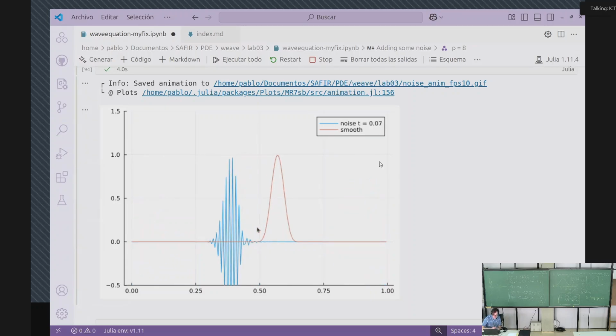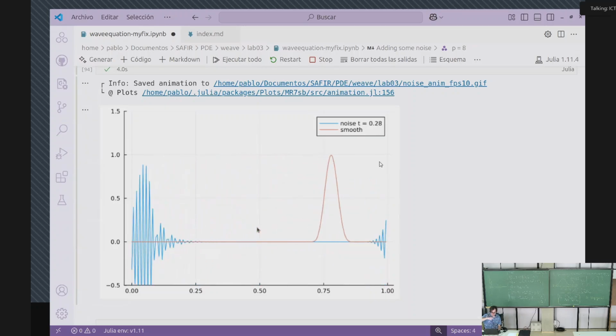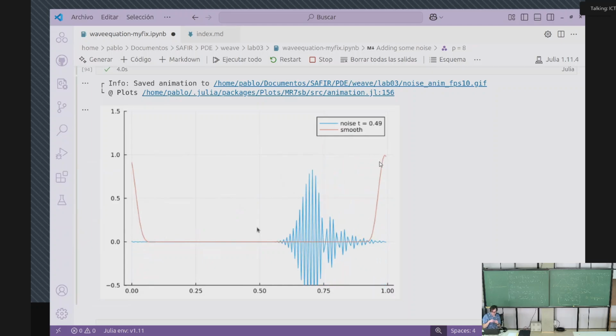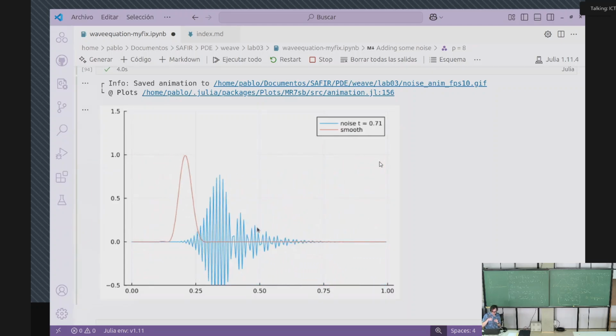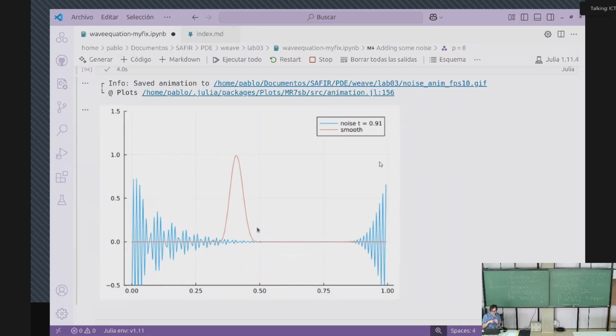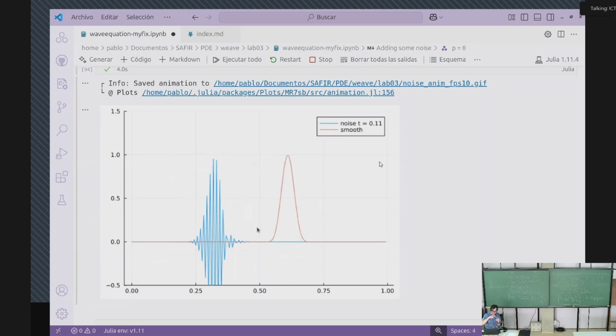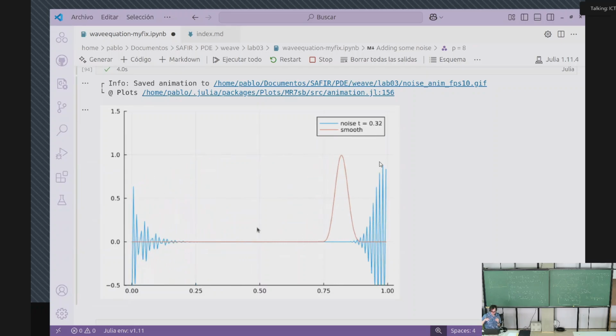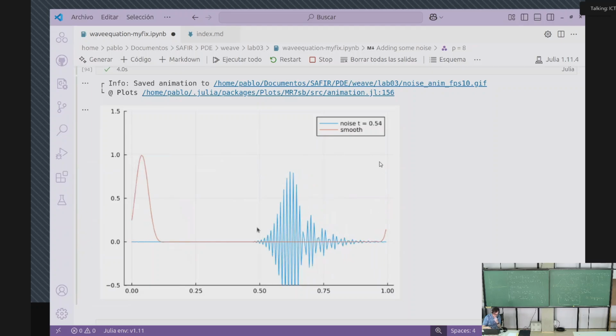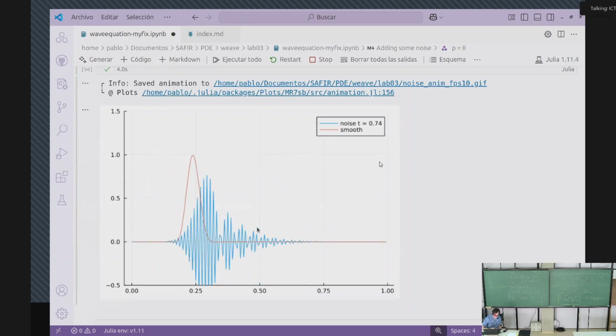Because maybe something that's high frequency in your discretization, where in each point it changes a lot from positive to negative, in another discretization it's much smoother and you don't have that problem, right? So in this case it's moving the other way, right?